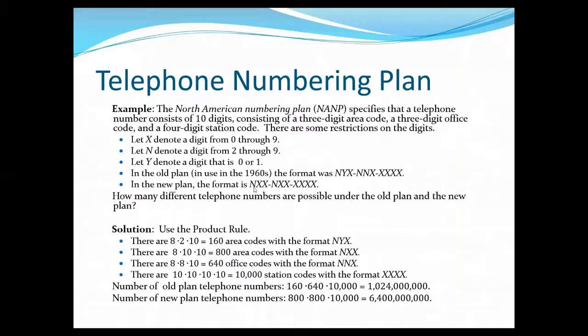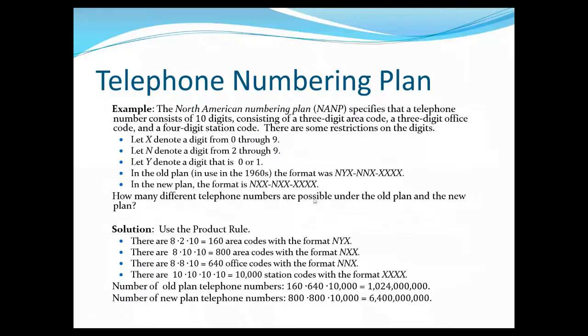And for the new plan, NXX, it is 8 times 10 times 10. Again, for N we have 8 characters, 2 to 9, then X has 10 characters. So we have 800 area codes for the new plan. For the office code, for the old plan, we have NNX, so 8 times 8 times 10, which gives 640 office codes.